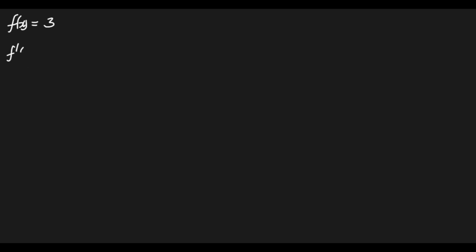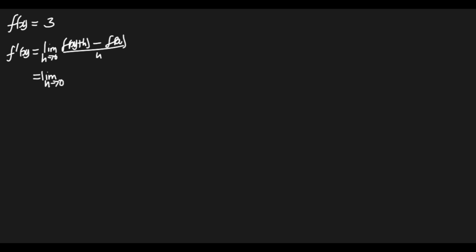So we write the formula: f prime of x is equal to the limit as h approaches 0 of f(x plus h) minus f(x), over h. Now here, what you need to do is write the limit as h approaches 0.